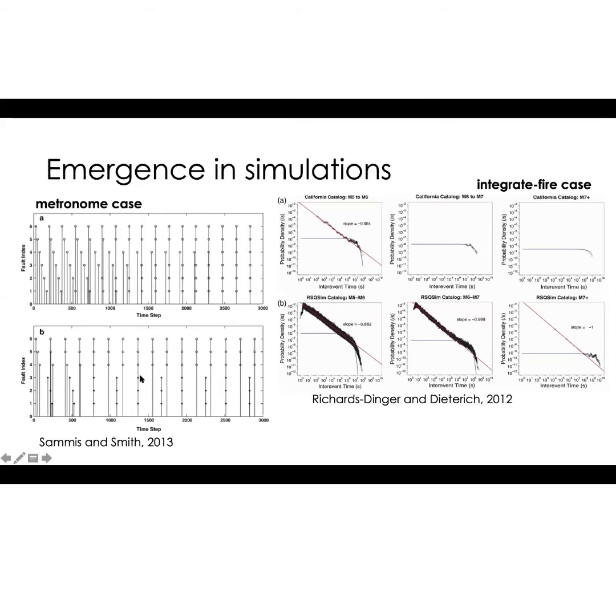Or in a slightly more complicated simulation where there are sets of model earthquakes with two different recurrence intervals, so these open circles and these closed circles, what you see is the sets of events with the same recurrence interval, so the same characteristic fundamental period, become phase locked to each other and beat against each other, since they have different recurrence intervals.